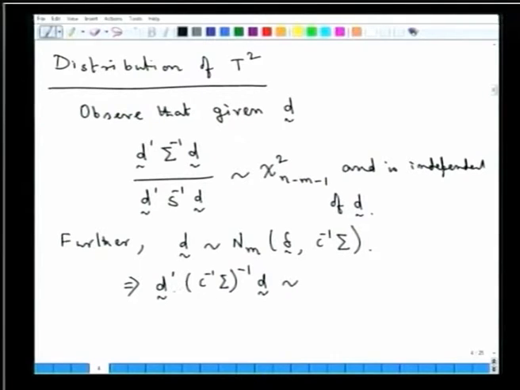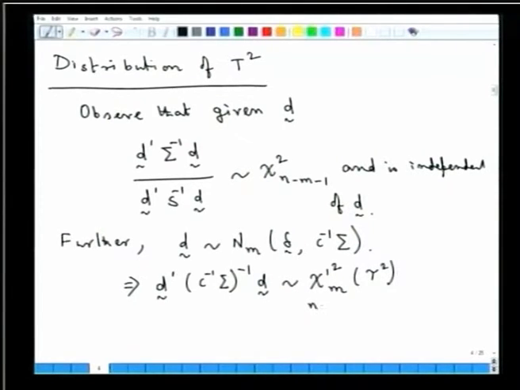This is a quadratic form in D. So this will have a non-central chi-square, a chi-prime square, on the degrees of freedom being the rank of this particular matrix, so the degrees of freedom is m.